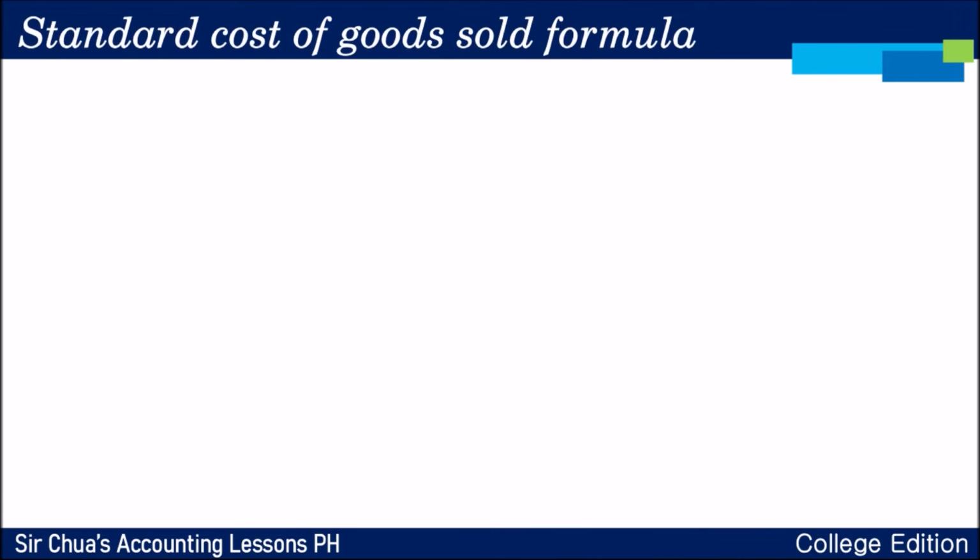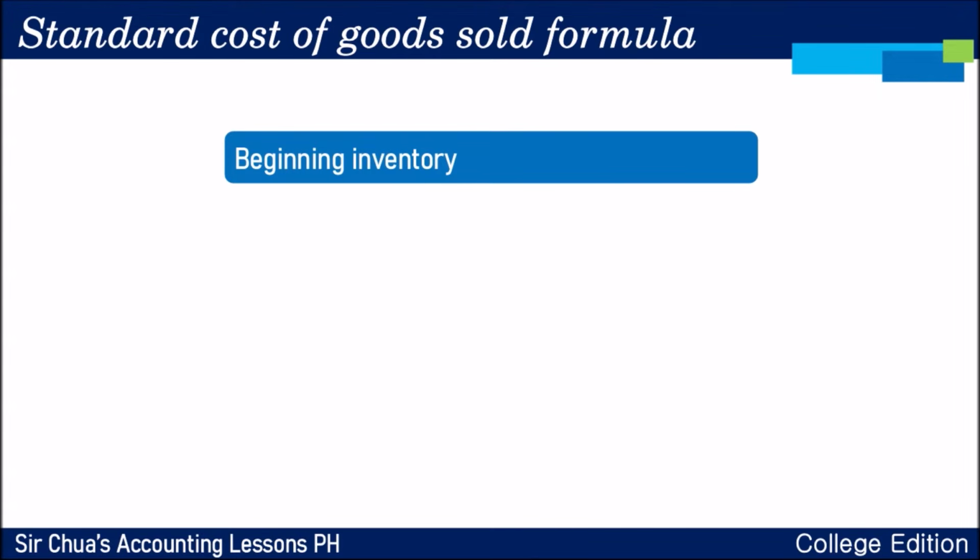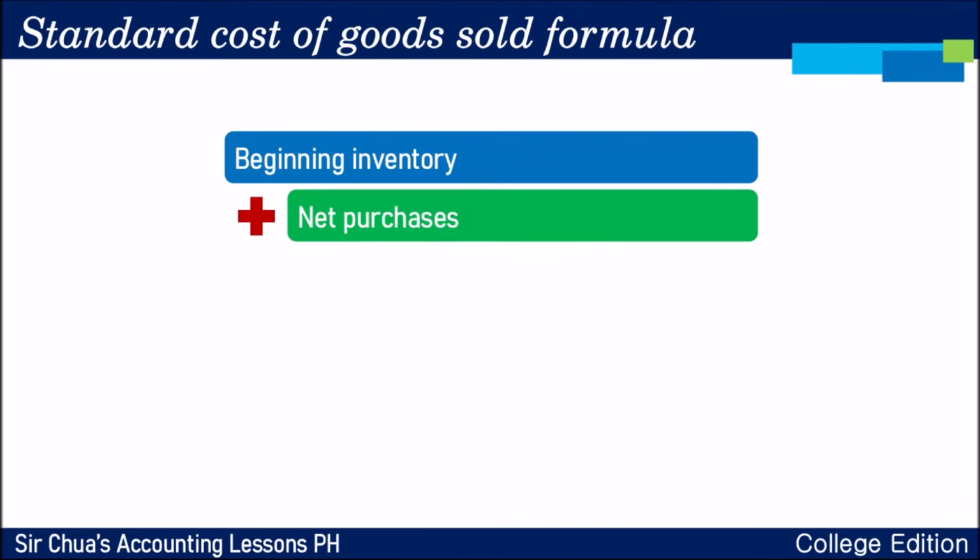Okay, so you already know the standard CGS formula coming from a merchandising type of business. And actually, this is the lower portion of the manufacturing naman na type ng business. Actually, halos pareho lang sila. No? So, we start with your beginning inventory, which is available for sale, na naabutan mo sa warehouse at the start of the period. And then, i-add mo lahat ng binili mo during the period. Okay?